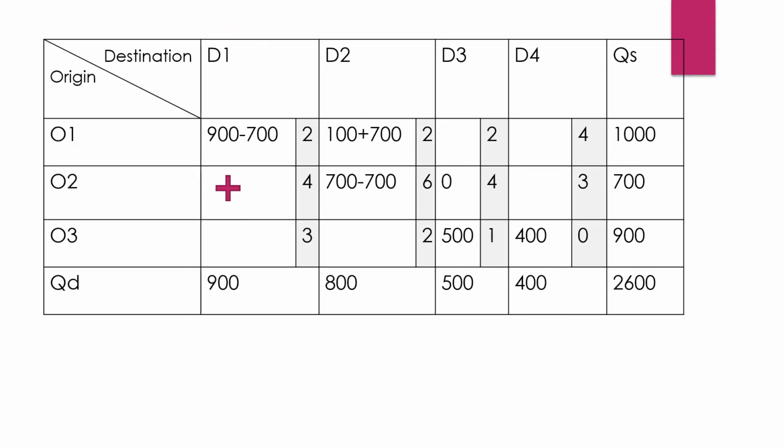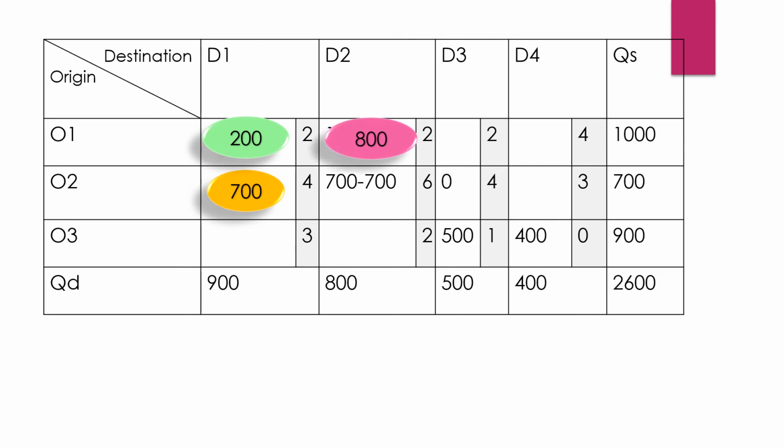Now if we are removing 700 from this O2 D2 and if we are adding it to O2 D1, what will happen? You can see the answer like this. O2 D1 will be 700, then O1 D1 will be 200, since we have already 900 and we are deducting 700.